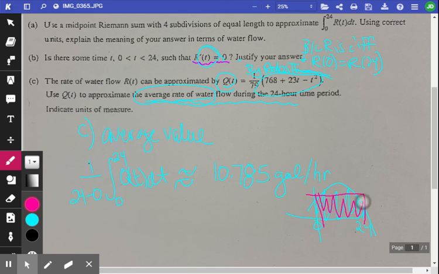So the area underneath this pink rectangle will be the same as the area under the blue, because the extra blue space will fit into the spaces of the pink rectangle. But anyway, indicate units of measure. So there we go, 10.785. Hopefully that makes some sense.